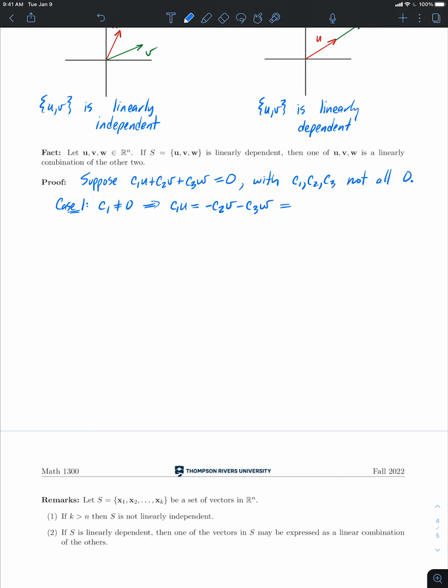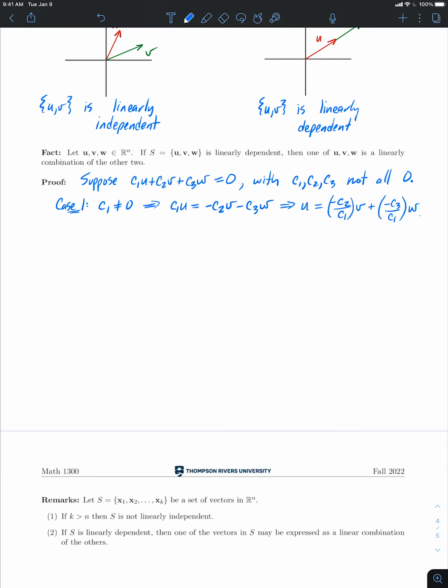And from there, you can say that u, I'm going to multiply both sides of the equation by 1 over C1, which again I can do because I'm in the specific case where C1 is not equal to 0. And that's going to give me negative C2 over C1 times v plus negative C3 over C1 times w. And guess what? That means u is a linear combination of the other two vectors in the set S, which are v and w. So in that case, the problem is solved.